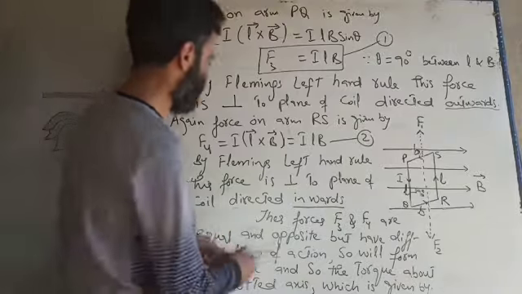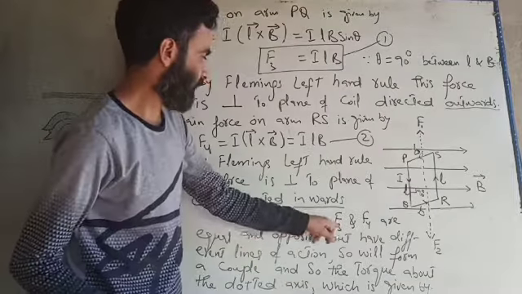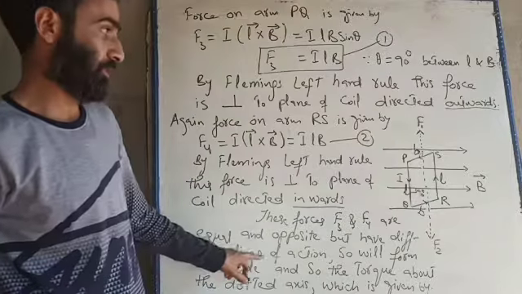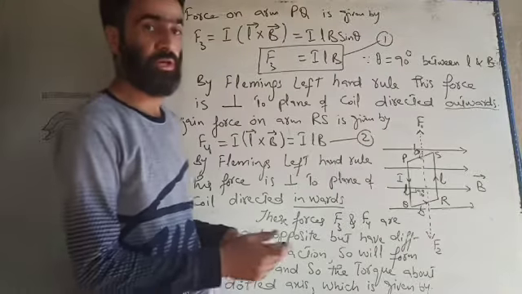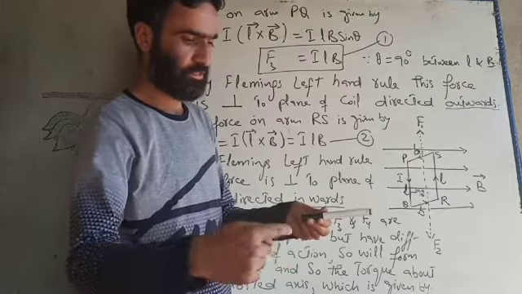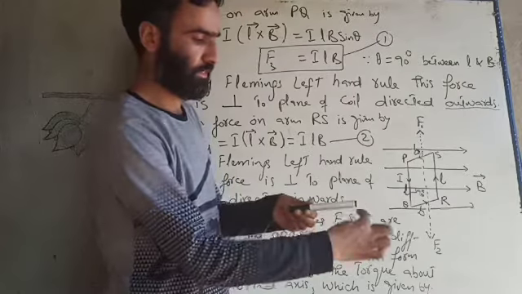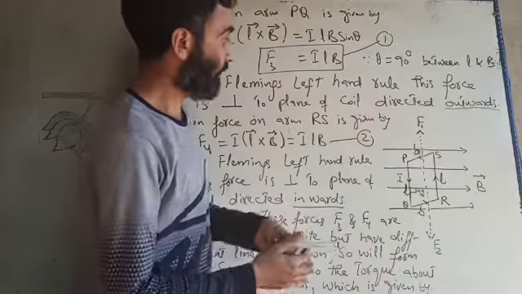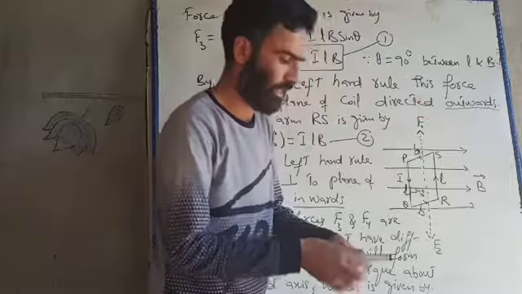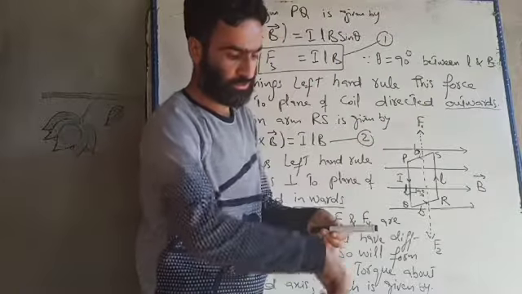This thing I have written here. These forces F3 and F4 are equal and opposite but have different lines of action, which I want you to understand. One force is at this axis, and the next is at this axis, meaning at this line. But in the previous case, the forces were on the same line, meaning upwards and downwards in the same line.